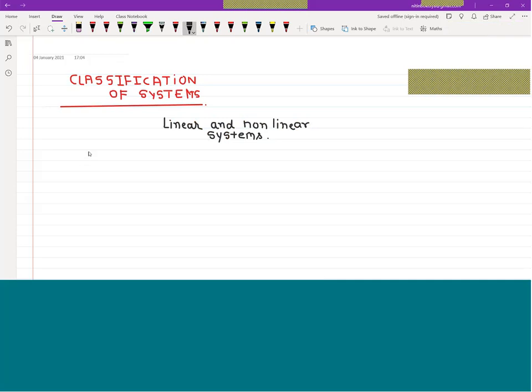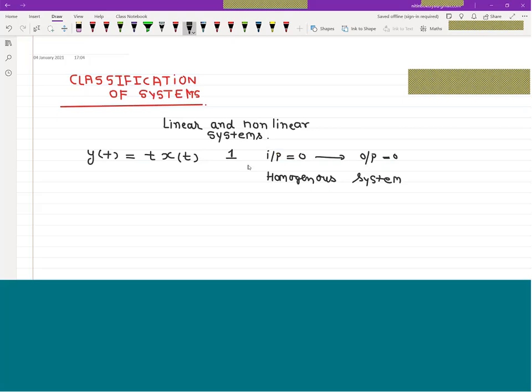If y of t equal to t into x of t, how will we identify whether this system is linear or non-linear? So the first check is to make input equal to 0. If it results in output equal to 0, then the system is initially relaxed, also known as a homogeneous system.